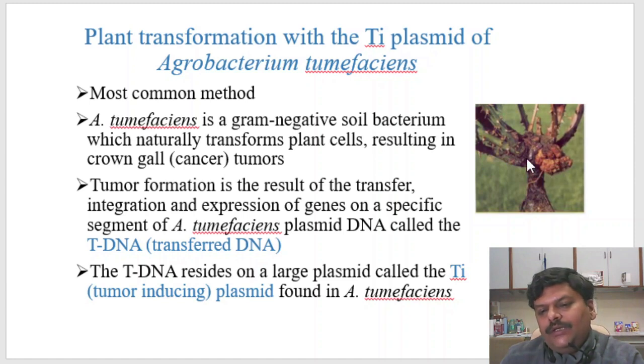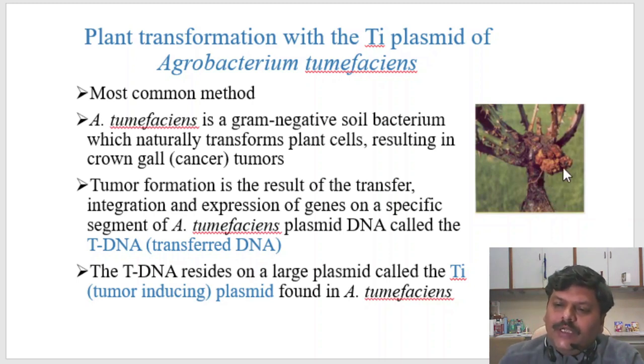So when Agrobacterium infects a plant, it causes this disease called crown gall disease. Although we call it a disease, apparently there is no harm to plants apart from the appearance. It looks bad. And how Agrobacterium does it, we will see in the next few slides.